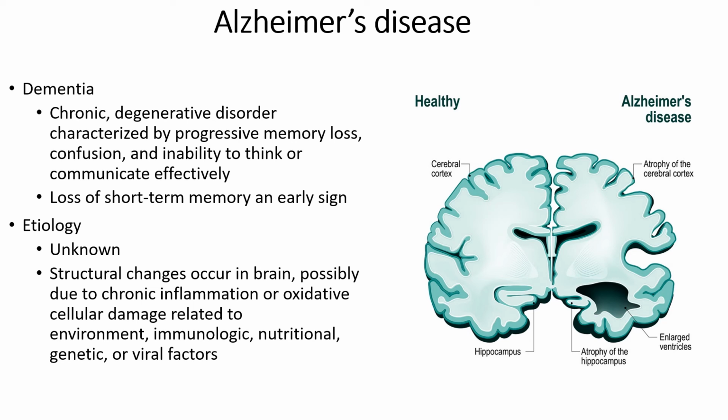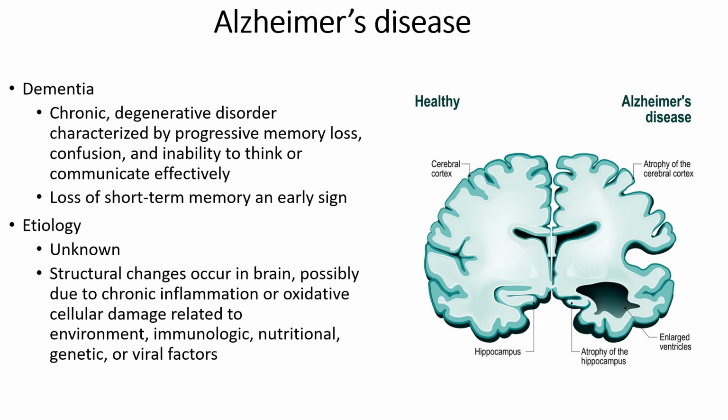Okay, so typically you will recognize someone with Alzheimer's dementia because of short-term memory loss. They forget where the keys are. They forget a recent conversation. They forget where they parked the car. Those are all short-term memory abilities.